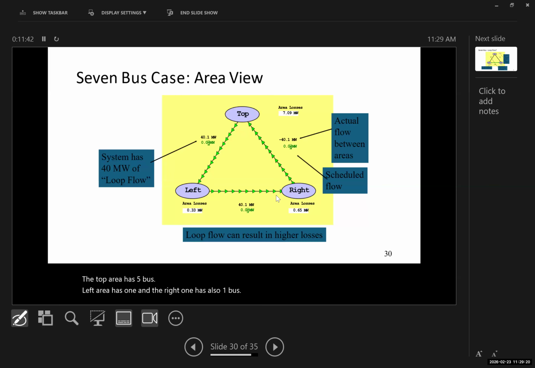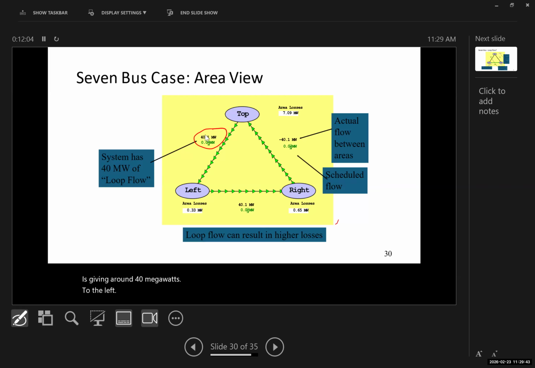Now we can simplify it in this triangle. We have the top, left, and right one. And if we calculate the amount of power that they are sharing and dispatching, we get to this. The top is giving around 40 megawatts to the left.